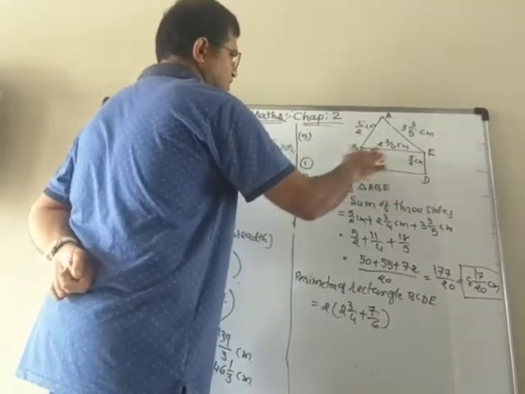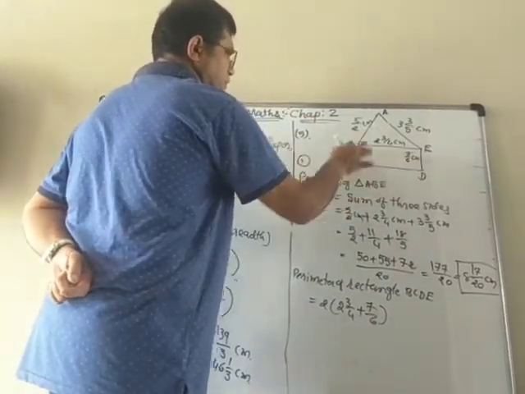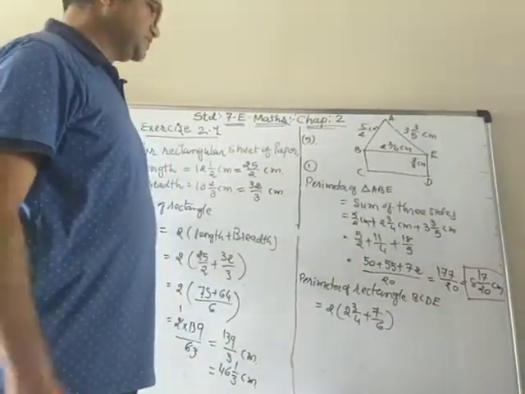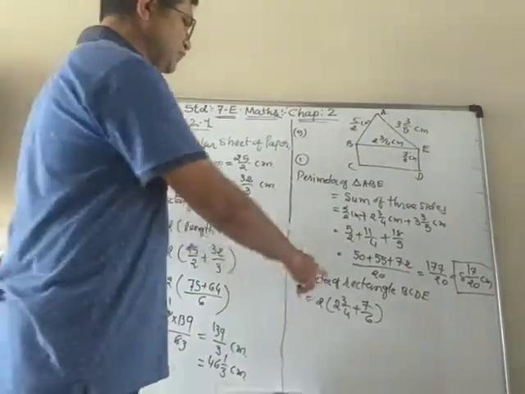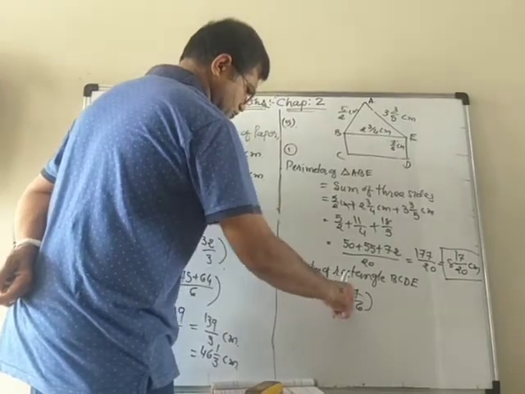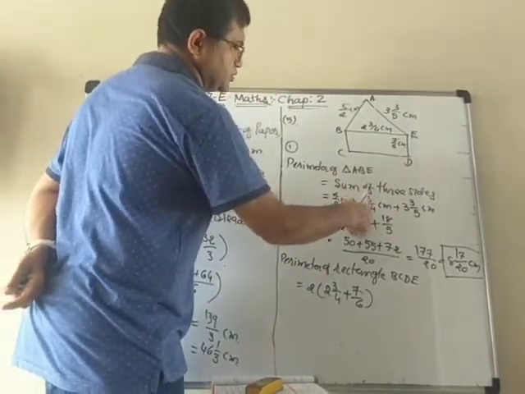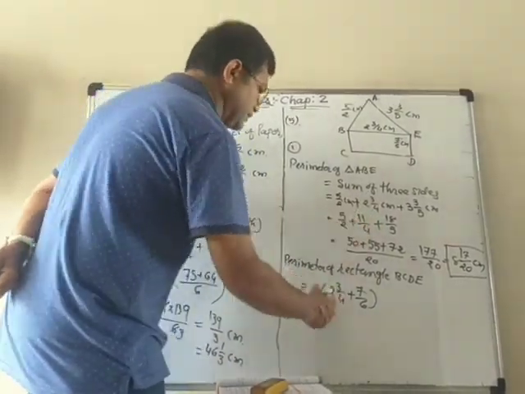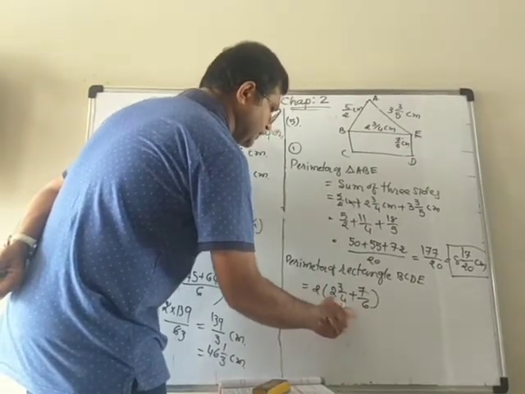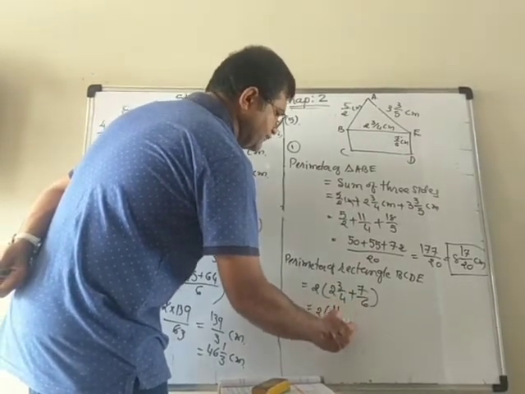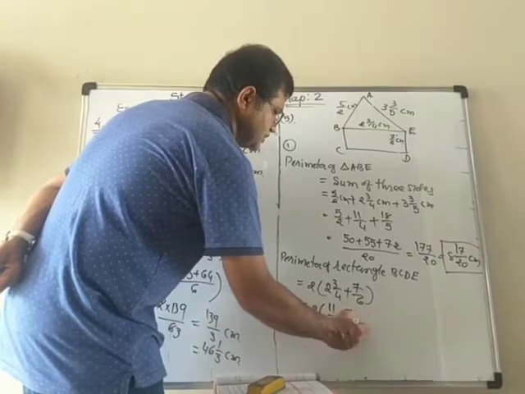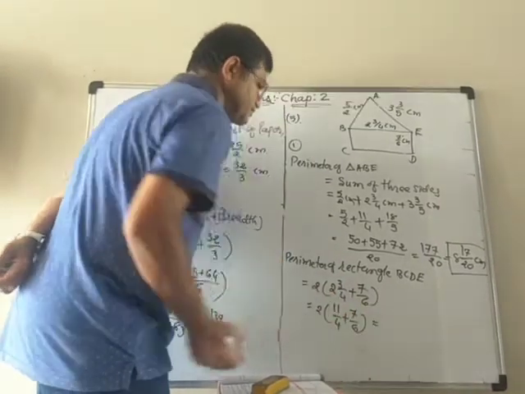Because the other two sides will be the same, this will be 2 integer 3 by 4, and that is also 7 by 6. First we have to convert it. We already converted here, you can write down from here also. 11 by 4. So 2 into bracket 11 by 4 plus 7 upon 6.